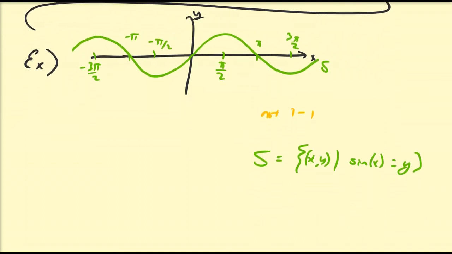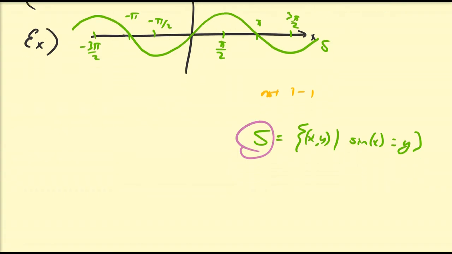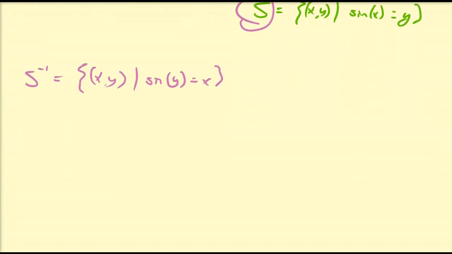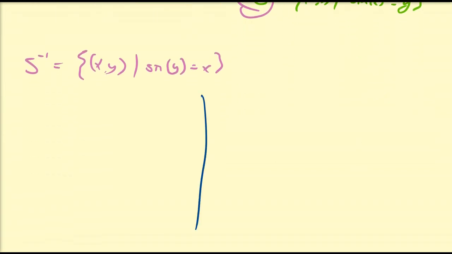So what is the inverse image of s? So what does s inverse look like? So s inverse is going to be the set of all x, y such that sine of y is equal to x. So what does the graph of that look like? So instead of riding along the x-axis, it's going to be riding along the y-axis.